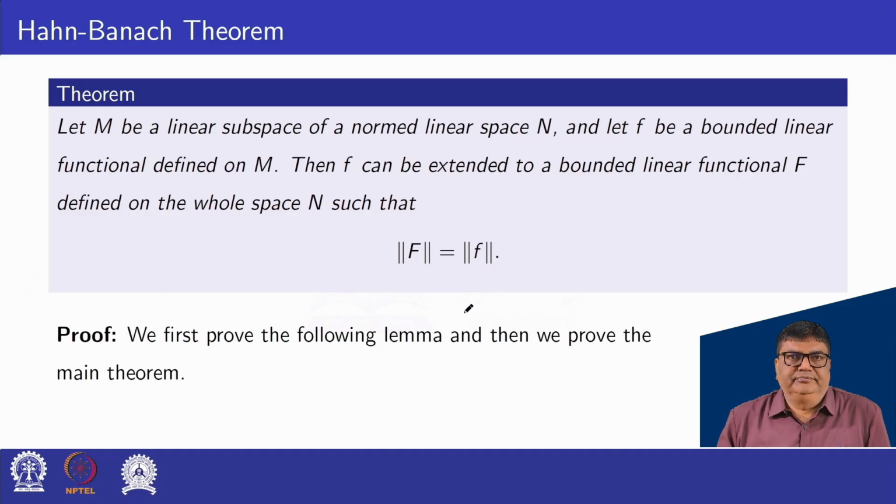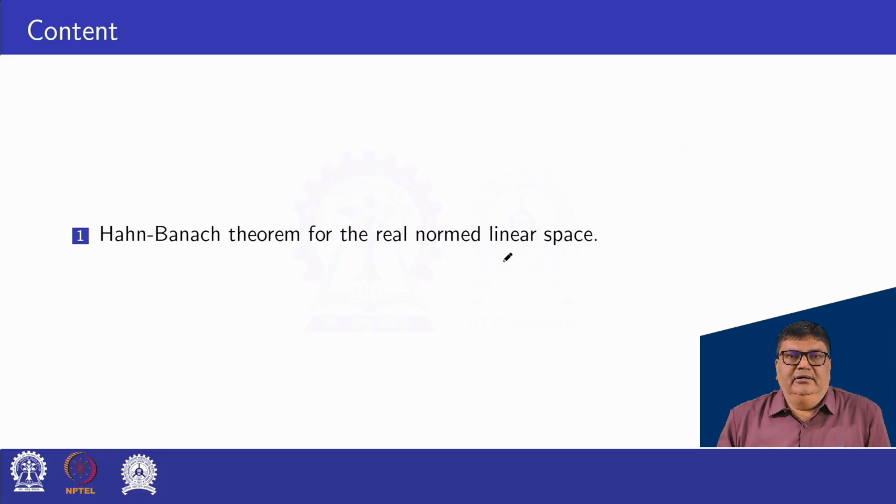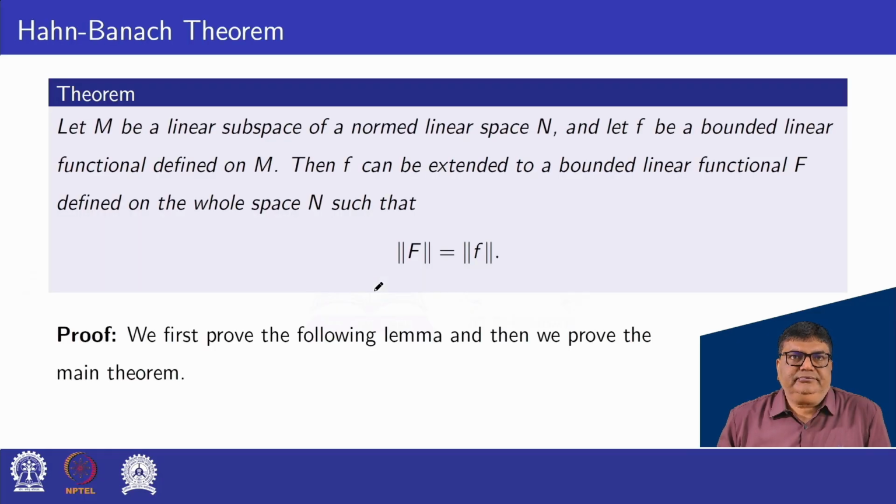In this lecture, we will discuss the lemma for real normed linear space. The rest part of this theorem will be discussed in 53rd lecture. So let us start the first part when normed linear space is real.